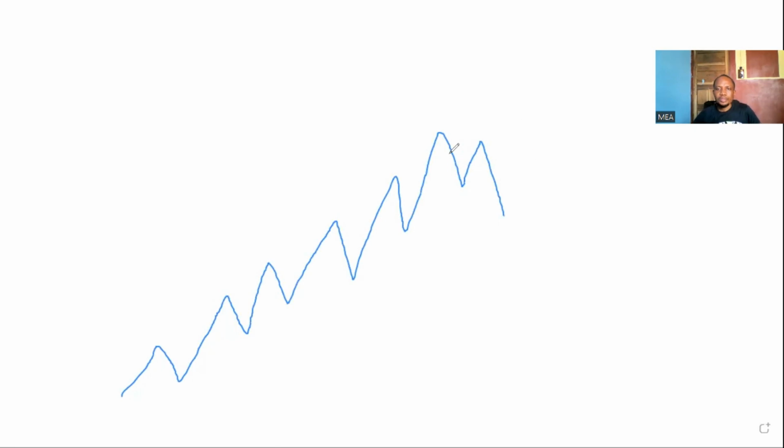Now it wants to consolidate. Let's say we have not done our Fibonacci. Let's say we take our swing low from here and our swing high. There's a tendency that this market has moved almost 100%. We come to the middle, 50% or 61% to retrace before continuing its journey to the upside.